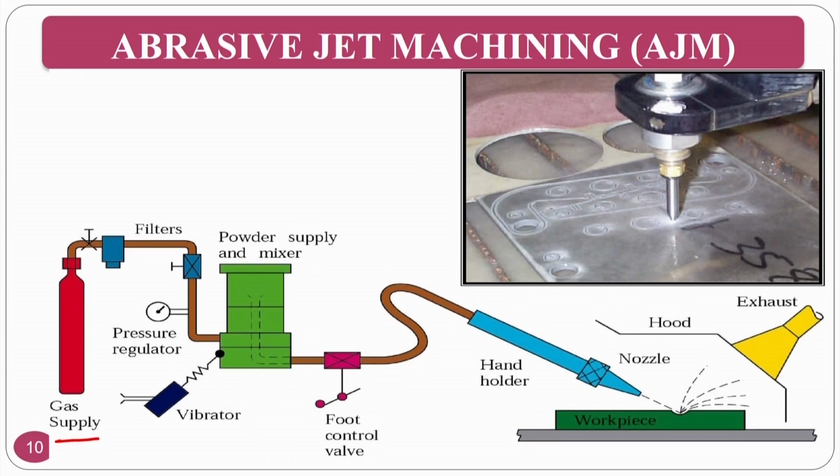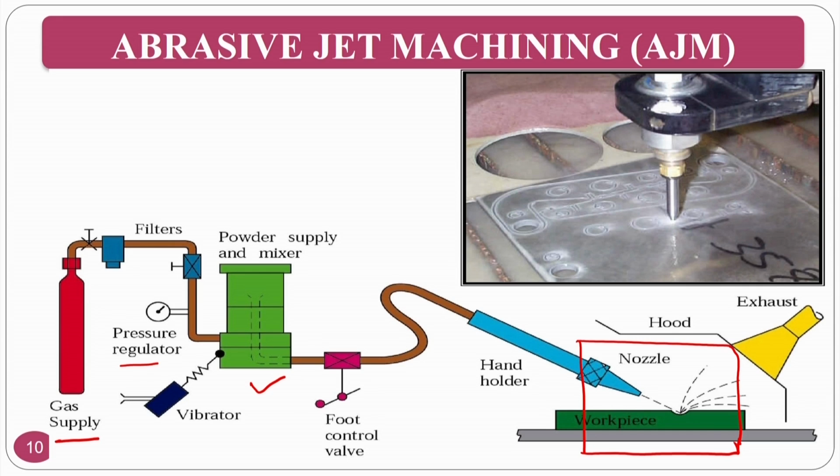The gas supply filters are required to filter out the moisture and other unwanted things, and with the pressure regulator you mix the powders here, and you can even give vibrations to it so that you get more and more mixing. Once that is done, you just impinge. Now if you impinge, what will happen? The machining will take place properly, and you can orient your nozzle as per your requirement.